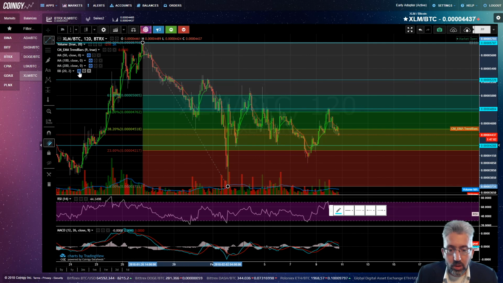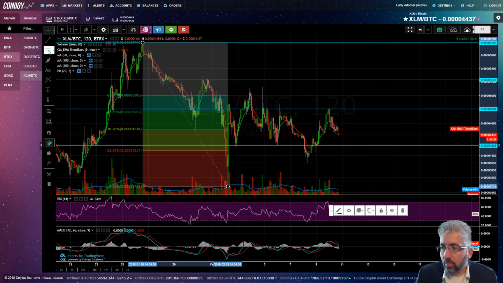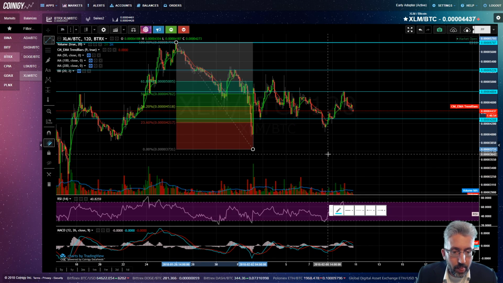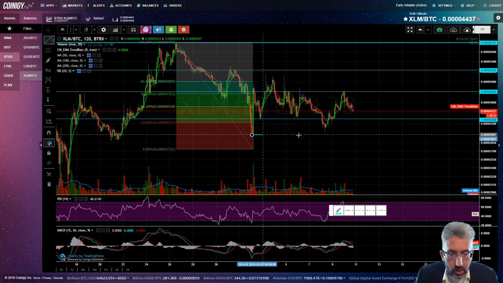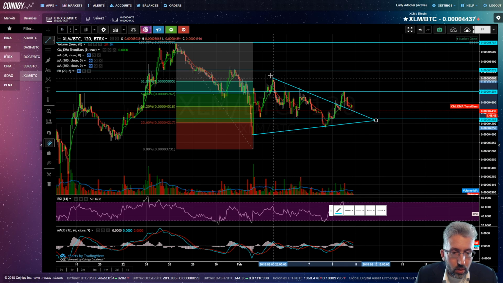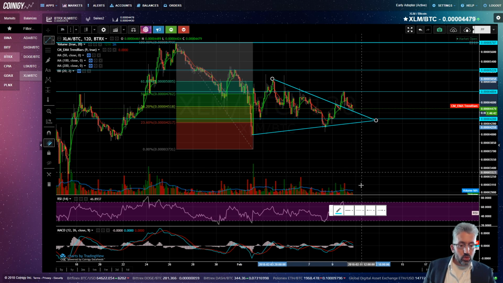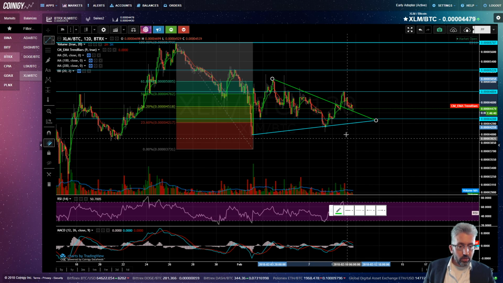If we remove the Bollinger Bands and we change the extension here, I want to have a clearer view on a possible pattern that's forming. So this is, I guess, interesting. I'll make it another color for you guys.